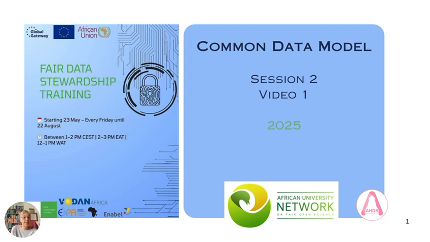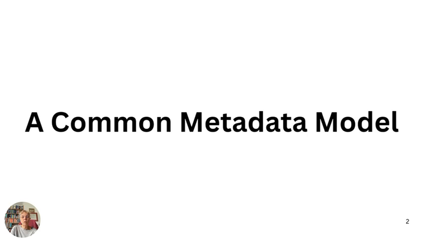So after the introductions in the first session, we are now in the second session, and now we really need to look at how data relate to each other. In order to do that, we are going to look at what a common metadata model is.